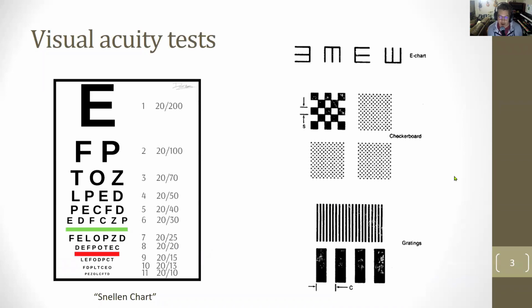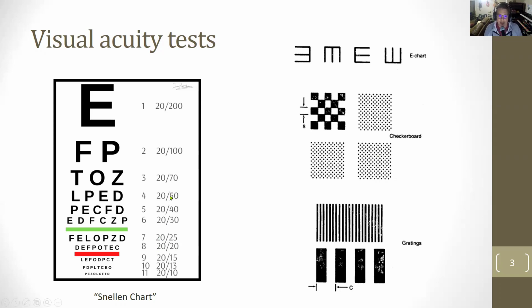Okay, so first of all, probably everybody has experienced one of these tests before, whether in school growing up or whenever. You get tested to see how good your visual acuity is relative to a standard, and that standard we define is 20/20. In this lecture, we'll talk more about what that means, why 20.